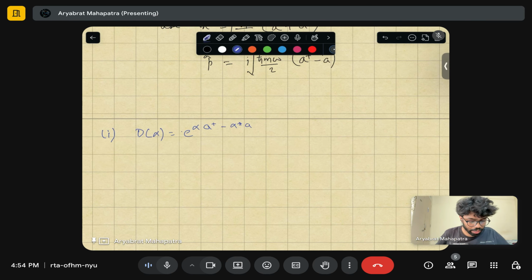And also remember we had another relation, D of alpha equals to exponential of minus alpha star a, and so on. So this is another way to write it.